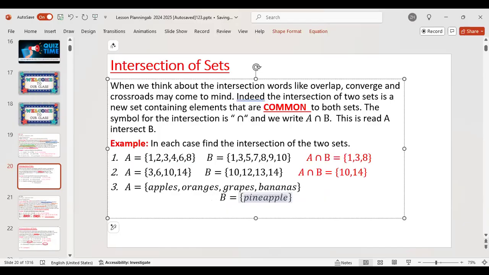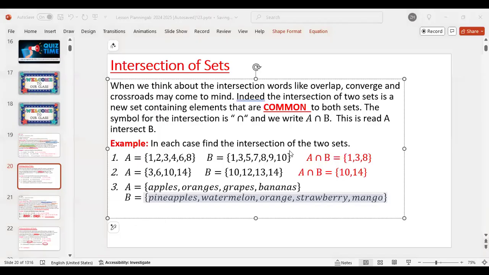Watermelon. Strawberry. Chicken is not a fruit. Pineapple, watermelon, orange. We need one more. Mango. Very good. Who said mango? Cristiano. Very good, Cristiano. Mango has to be top 5.